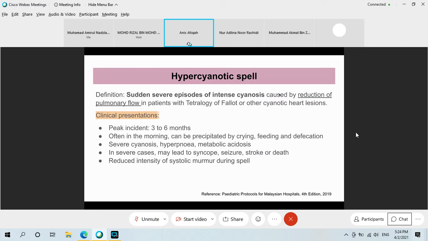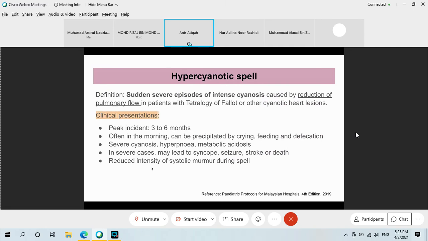What is the clinical presentation of it? The peak incidence is 3 to 6 months. Often it will occur in the morning and will be worsened if the baby is crying, feeding, and also defecating. It will cause severe cyanosis, hyperpnea, metabolic acidosis. In severe cases, it may lead to syncope, seizure, stroke, or death.